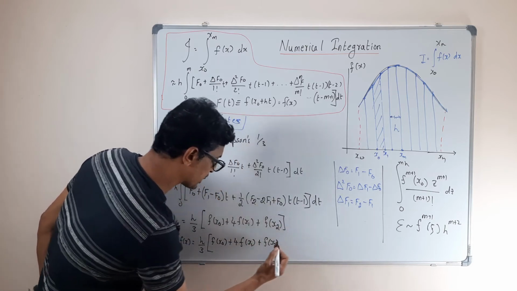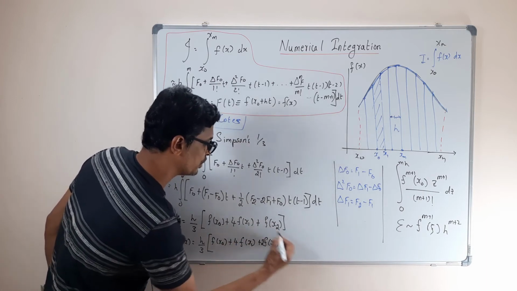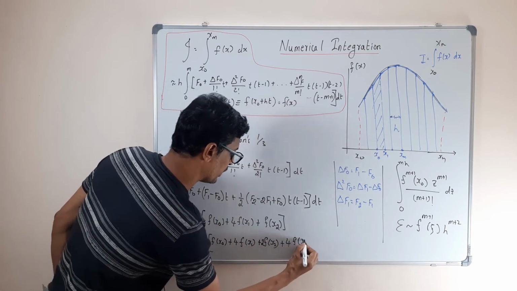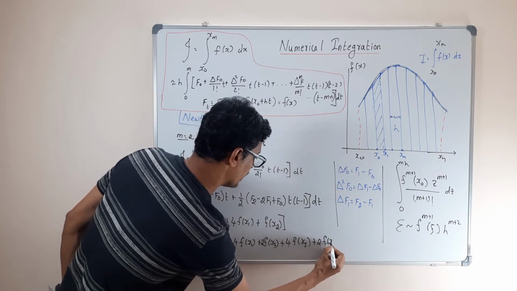Now when you add the next one, another f of x2 will come, so that makes it 2 times f of x2, and then 4 times f of x3 plus 2 times f of x4.